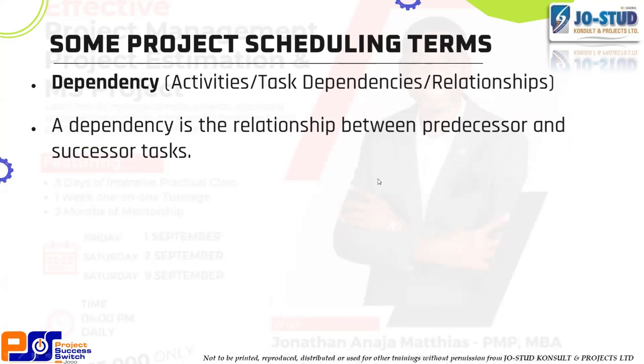In MS Project, I will tell you the importance of relating your predecessor and successor activity. Don't allow them to float on their own. It helps you to track your project progress. Tracking project progress is equivalent to tracking individual tasks and activities to the work package level, right? So dependency is the relationship between predecessor and successor.